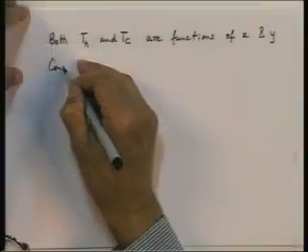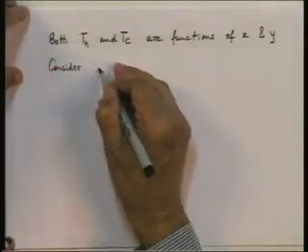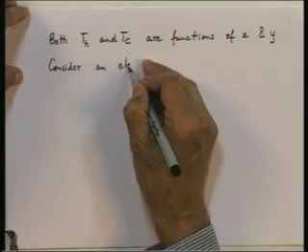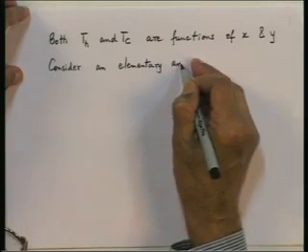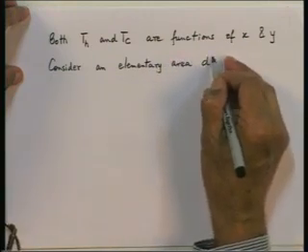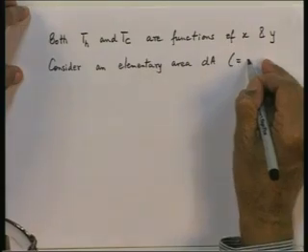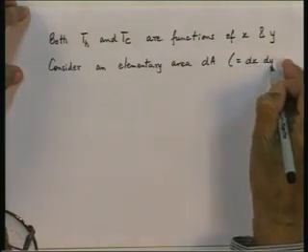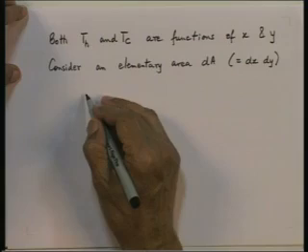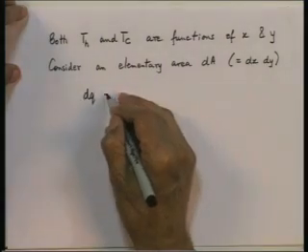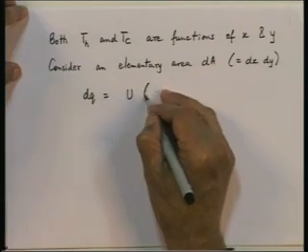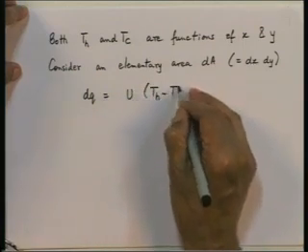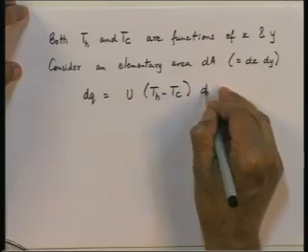Consider again an elementary area dA, which will be equal to dx dy. It is a two dimensional problem. So, we can say dq, the heat transfer rate across dA, is equal to U (Th minus Tc) dx dy.